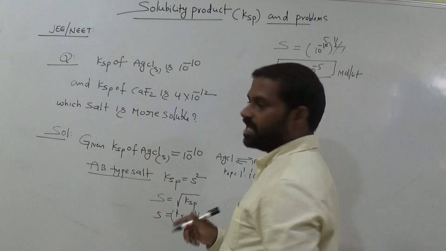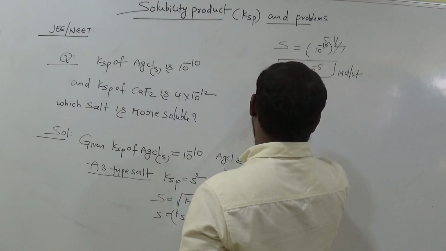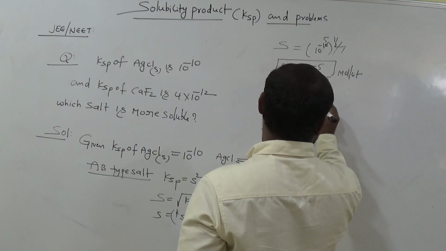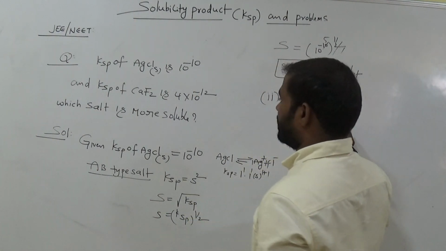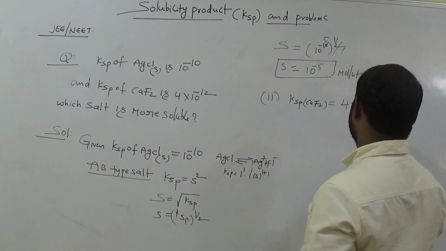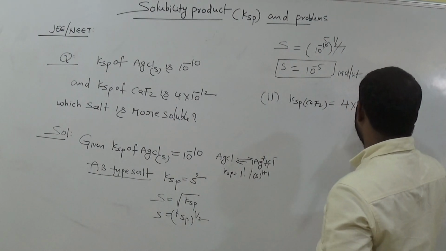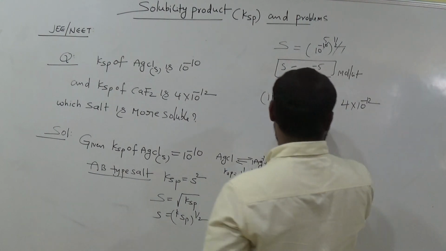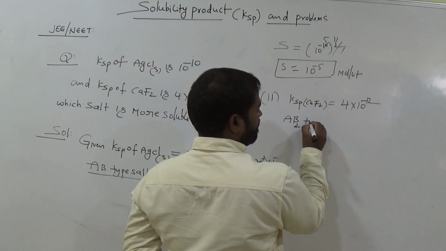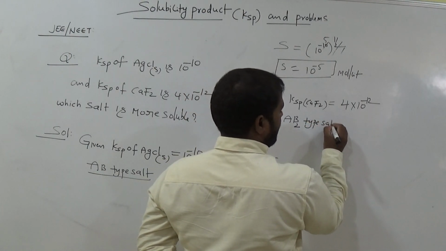Come to the second one, CaF2. Second one, Ksp of CaF2. How much is given? That is clearly 4 into 10 power minus 2, am I right? Sorry, 10 power minus 12. Clear? So now what type of salt is it? AB2 type, am I right? AB2 type salt.